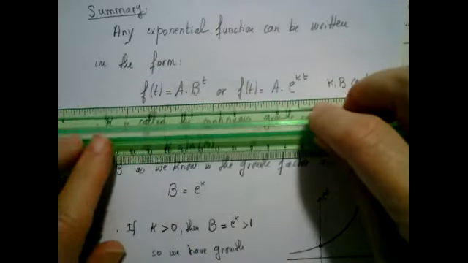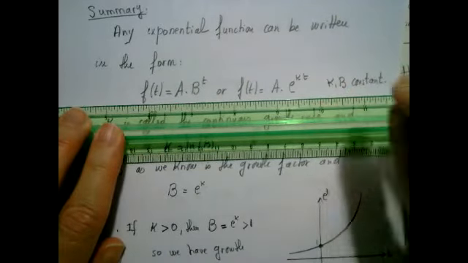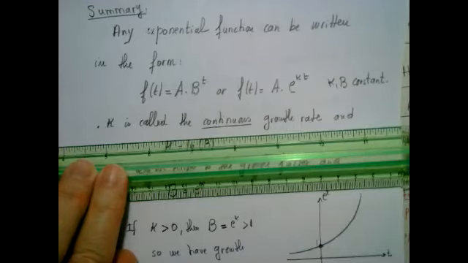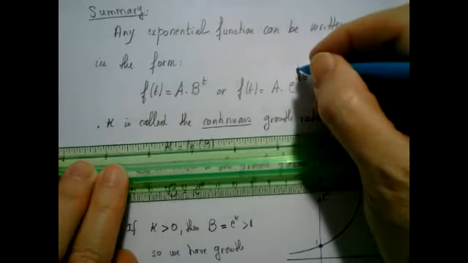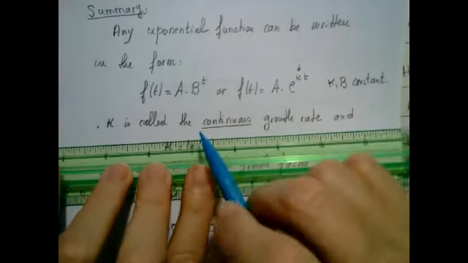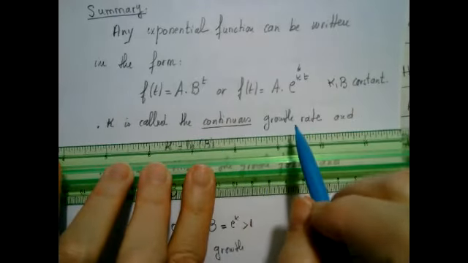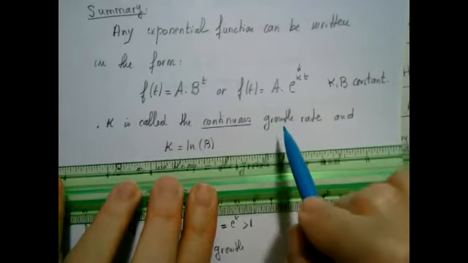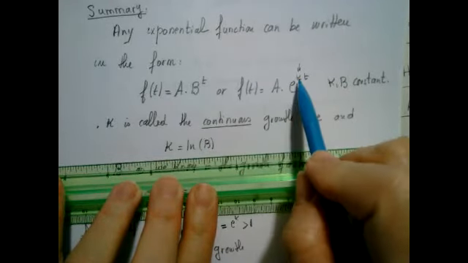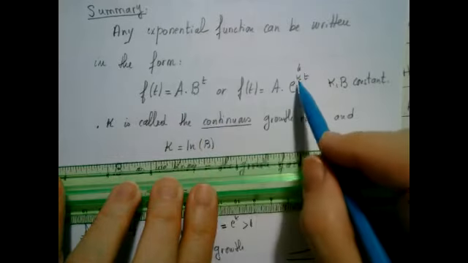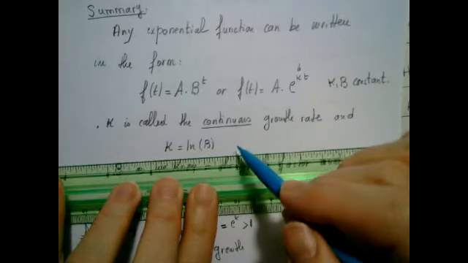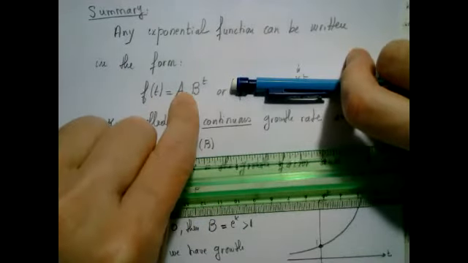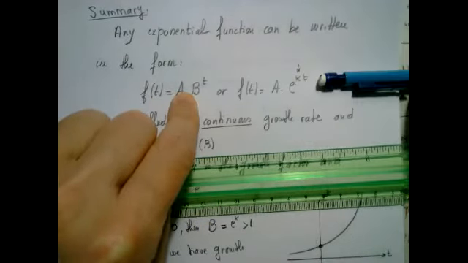Now, what's the relationship between them and the name? K, if it's written in this format, this k here is called the continuous growth rate. And the relationship between the k and the b is that this k is the ln of b. So if I have a function given in this format, I can write it in this format.